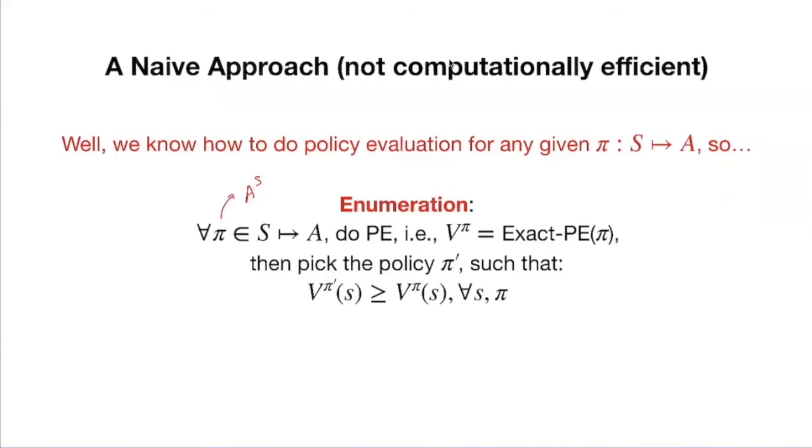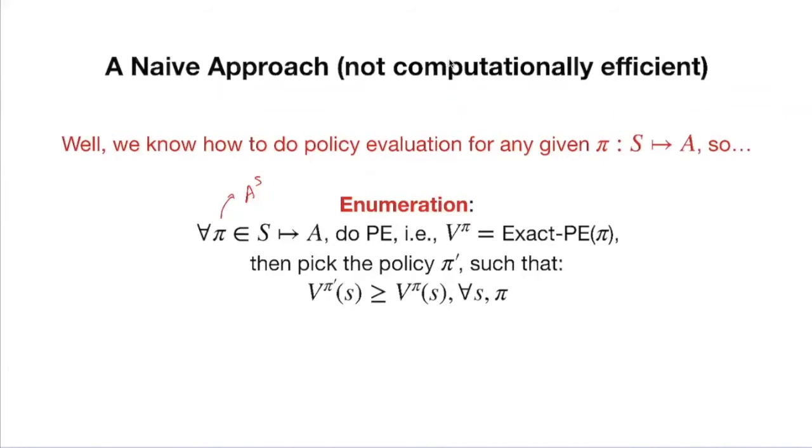So once we complete this for loop, once we do policy evaluation for every policy in the policy set, which contains A to the S many different policies, right? Then we can actually just pick a policy pi prime such that it dominates any other policies at every state, right? That by definition is the optimal policy. So that's the most naive algorithm that you could do by leveraging the functionality that we built from the previous lectures, right?